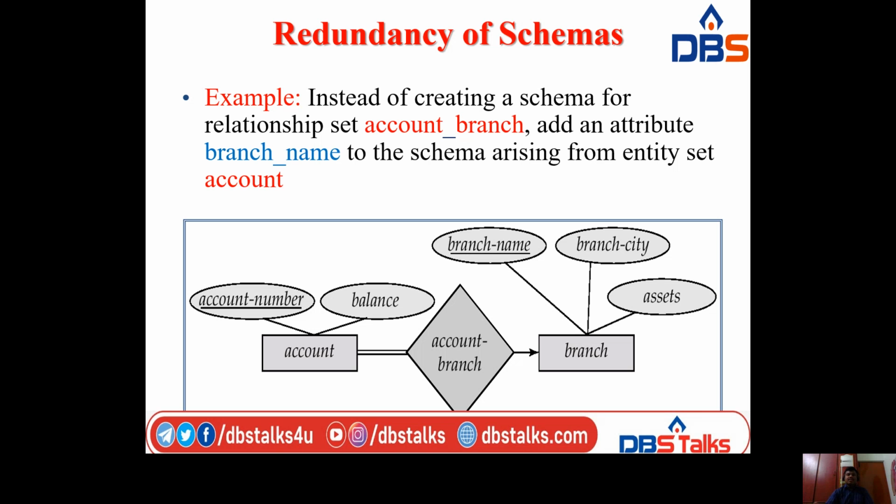These two are added, that is, account as well as branch. Here some redundancies are there. Based on these redundancies, we can combine everything and prepare another table, and that table automatically reduces the redundancies.